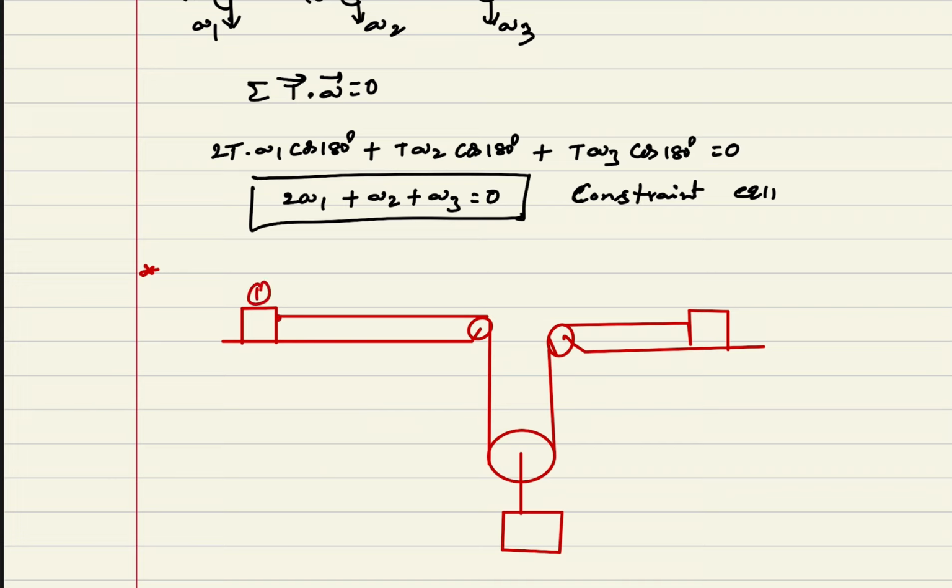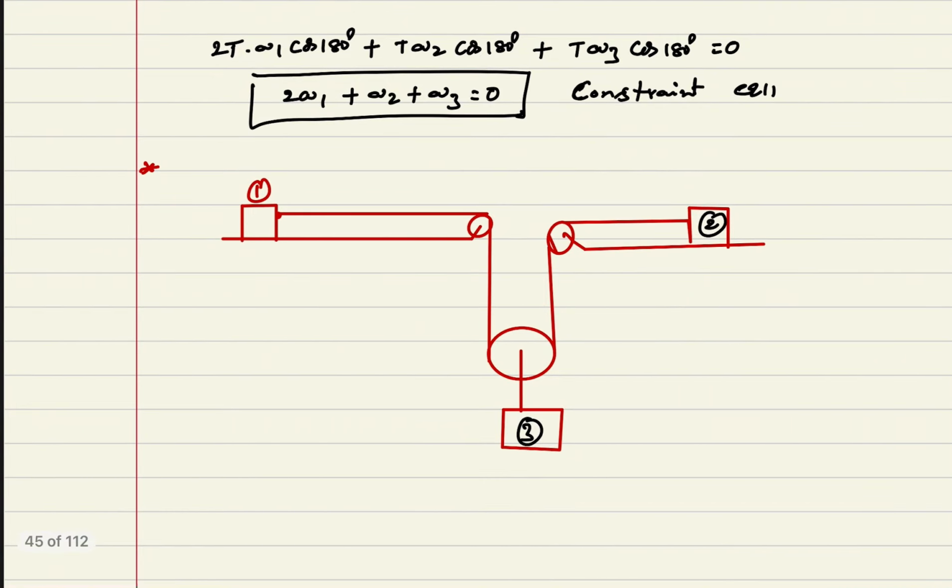I am taking first body, second body and third body. Now I don't know which direction they are moving, just I am taking this is T, here also tension T, and here also tension T. Everywhere, wherever contact is there, I am writing the same tension throughout the string. Now you can see on this body 2T, and the downward direction also 2T will be there. Suppose in the question it is given like this: a1 is like this, a2 is like this, a3 is like this.